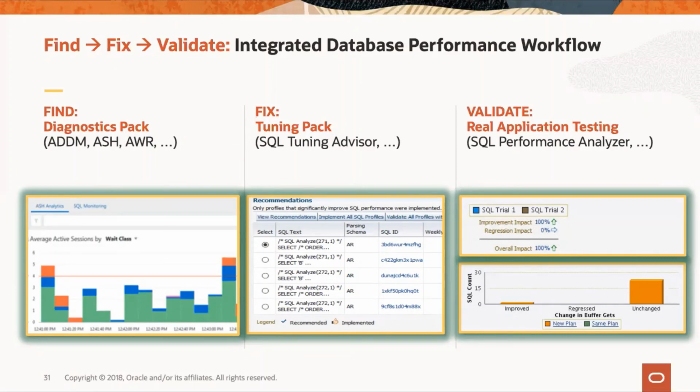So this reminded me of your last recording, the last webinar we did together, where you covered the diagnostics and tuning pack. You also did mention real application testing there as well.